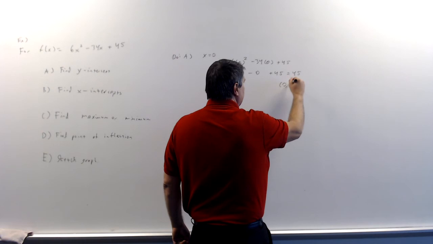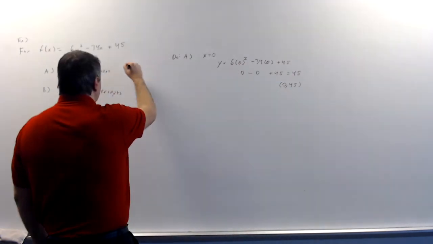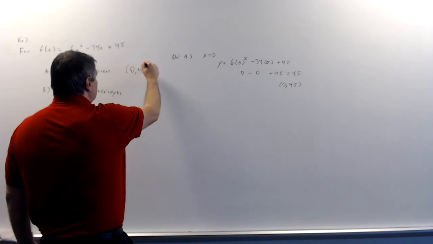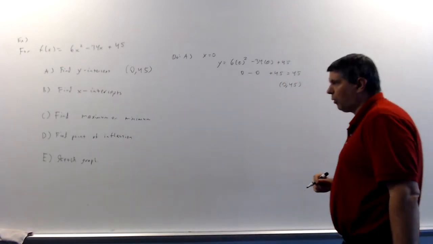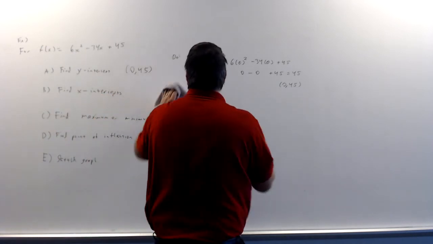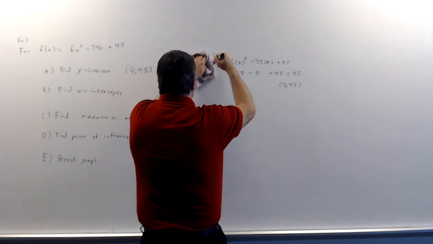So that is (0, 45). All right? I'm going to take this off the board, and I'm going to do the x-intercepts. At the x-intercepts, y is 0.